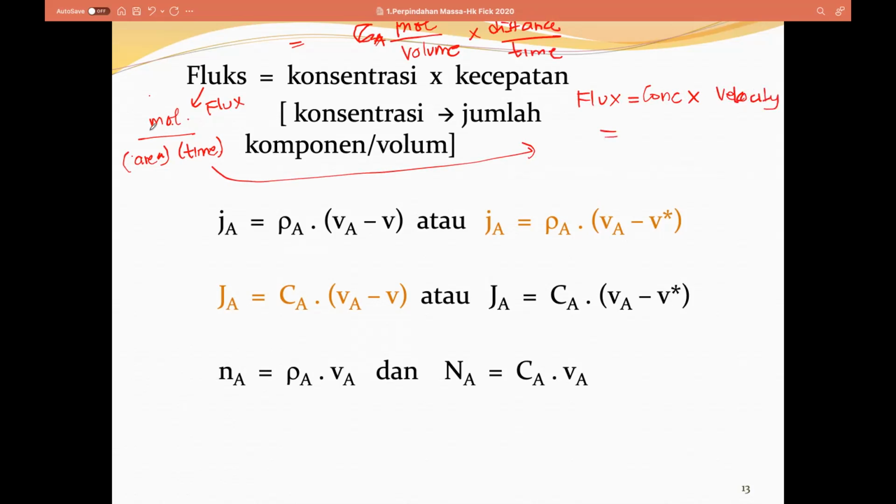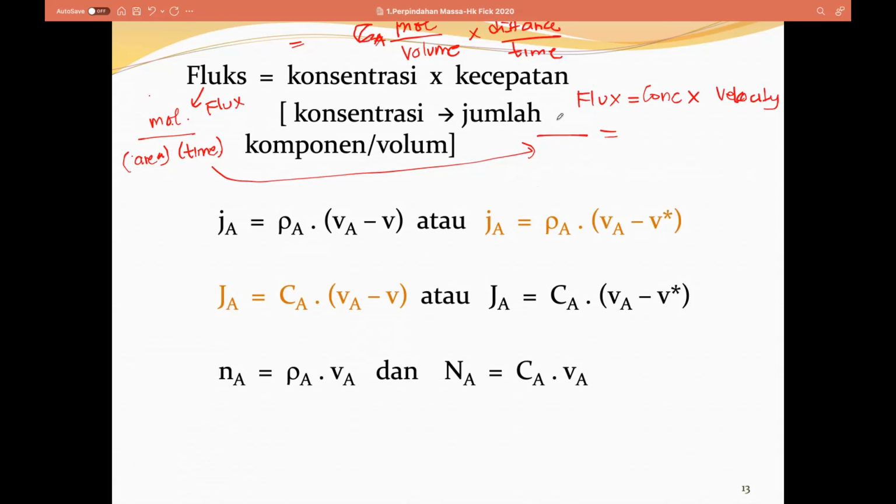So the flux is the moles of the substance divided by the area. Flux is always divided by the area, and the rate of moles is divided by time. I think it's better if we write it with the units so it's easier.